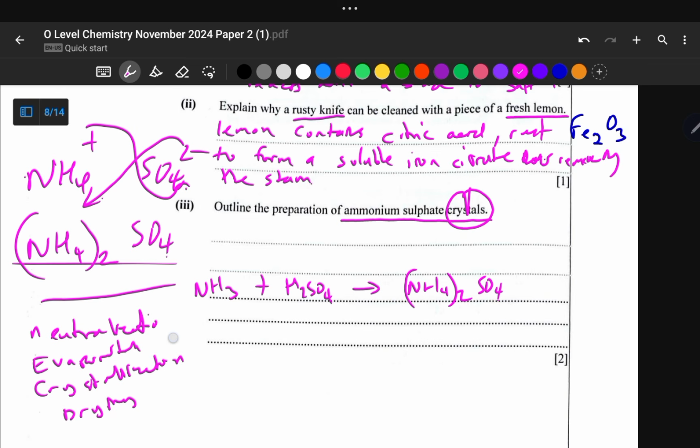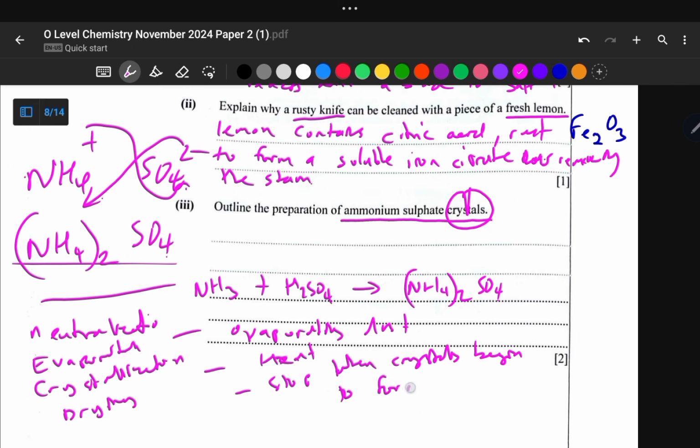And then for step number 2, the evaporation process, we pour the neutral solution into the evaporating dish, and then heat gently using a Bunsen burner, and stop heating when crystals begin to form, right?